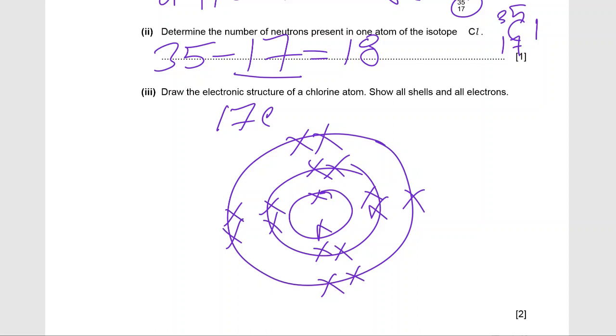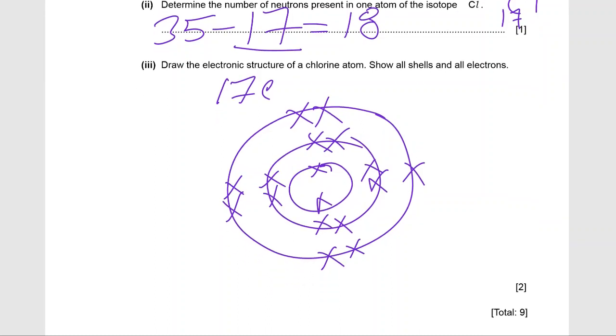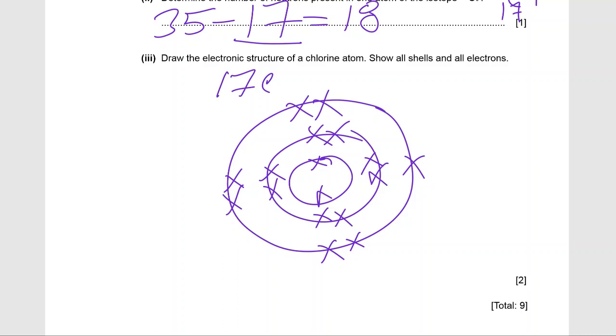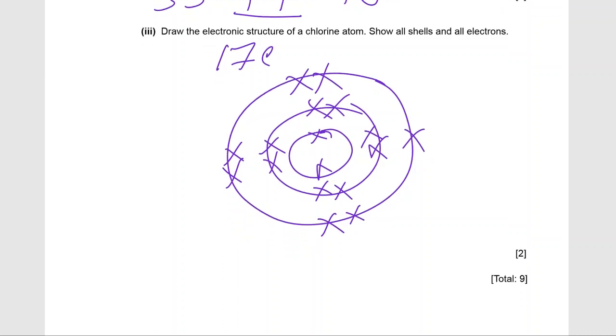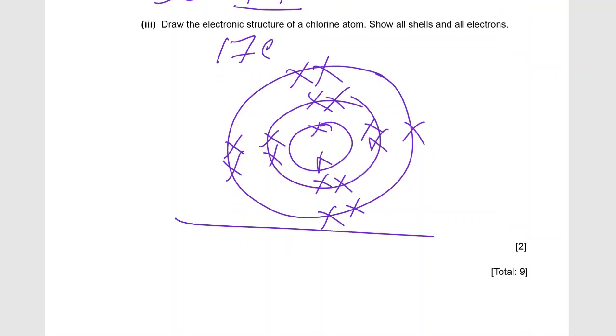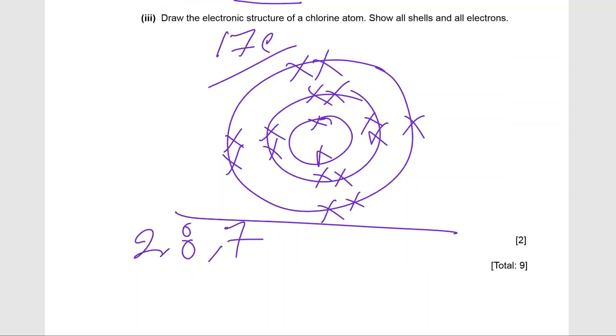Here you have a single electron. This is called the dot and cross diagram. And this one is extra, I will show you the simplest electron configuration for these 17 electrons, 2, 8, 7.